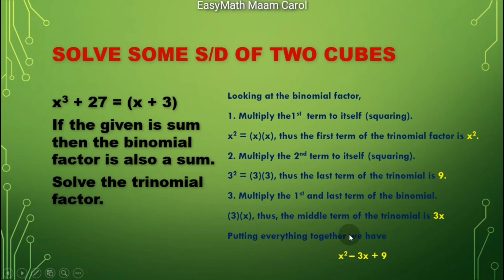And then, let's put them together. Our first term is x squared, and then minus, and then 3x, and then 9. So, ito yung magiging trinomial natin. Bakit minus yon? Kasi sabi natin, kapag ang given ay plus or sum, ang magiging trinomial natin ay negative or minus yung middle term.